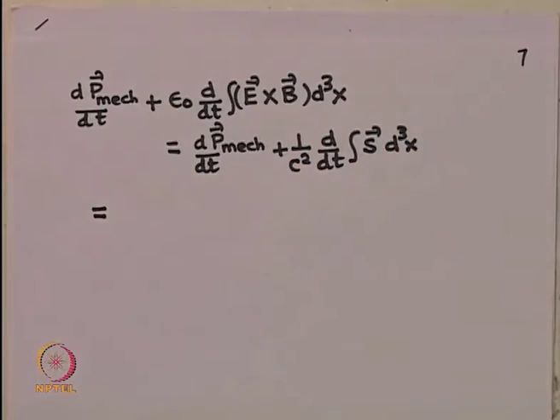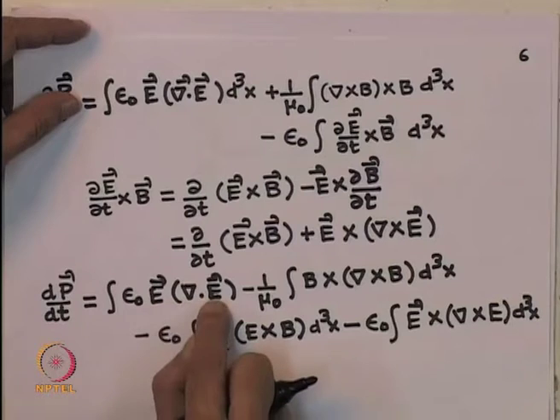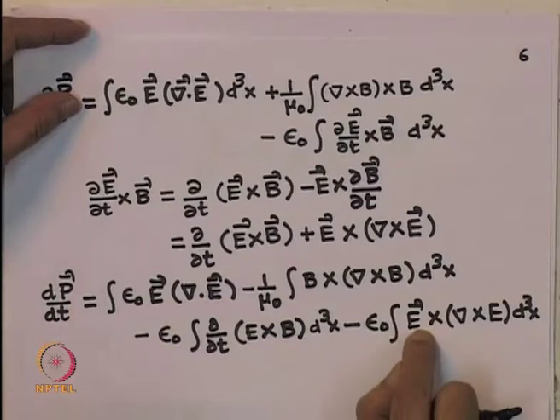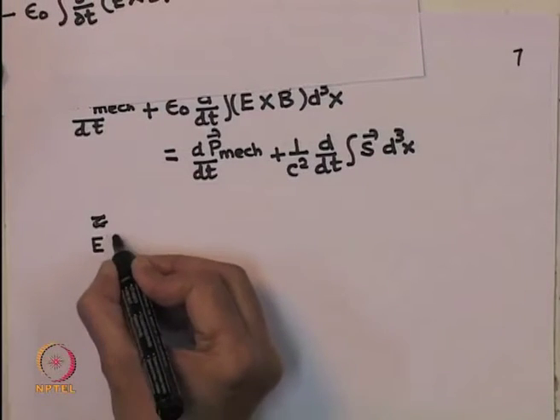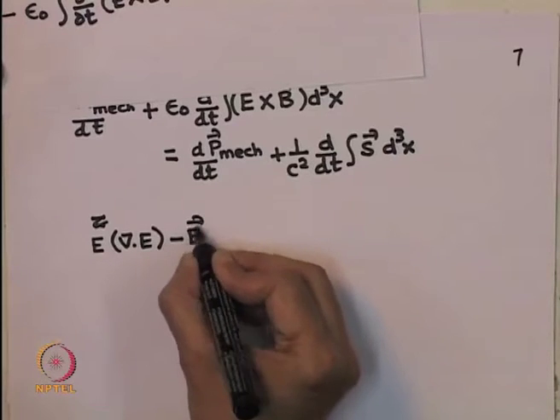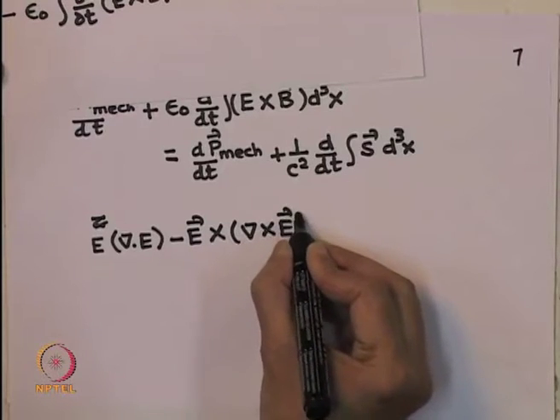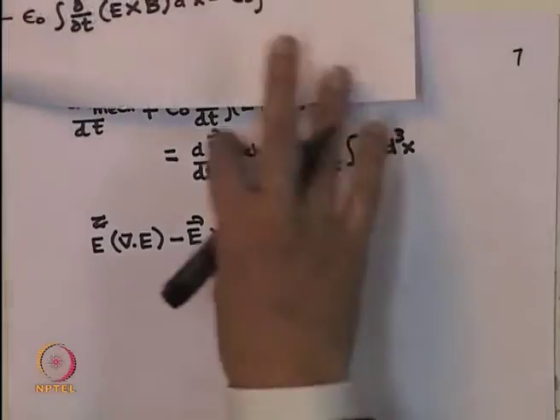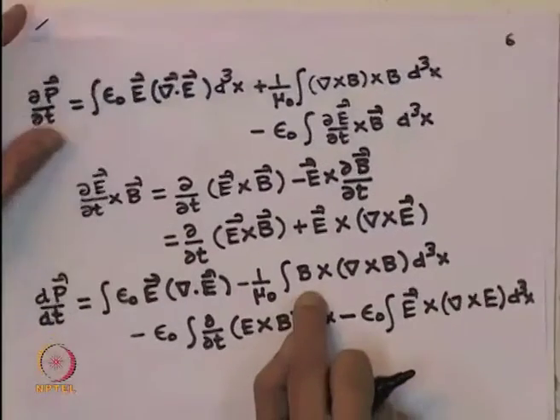But let us now look at the remaining term. Let me just show it for the electric field. You notice there is an E del dot E minus E cross del cross E. So, let us look at E del dot E minus E cross del cross E. The magnetic field term looks a little asymmetric.